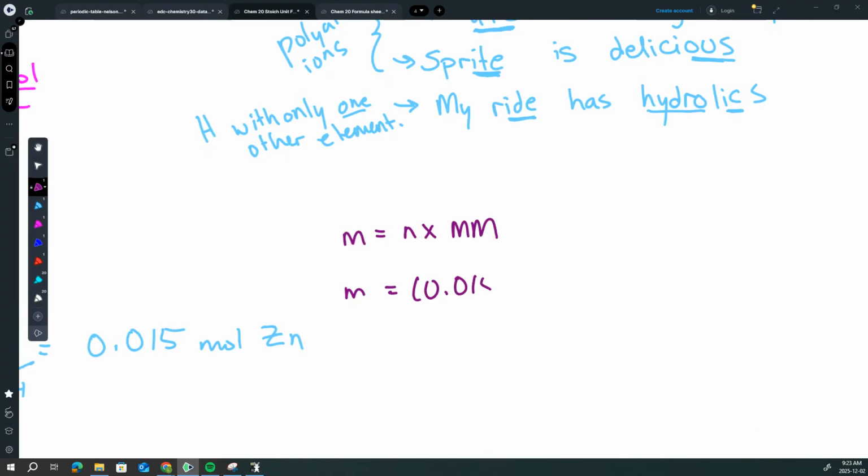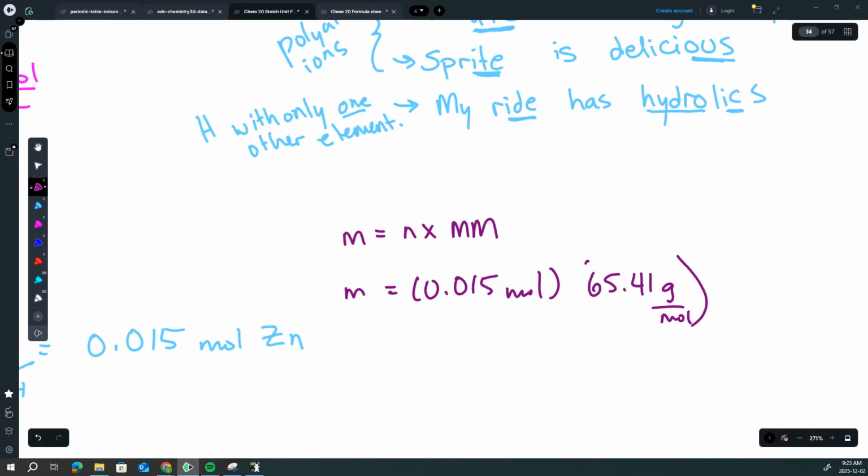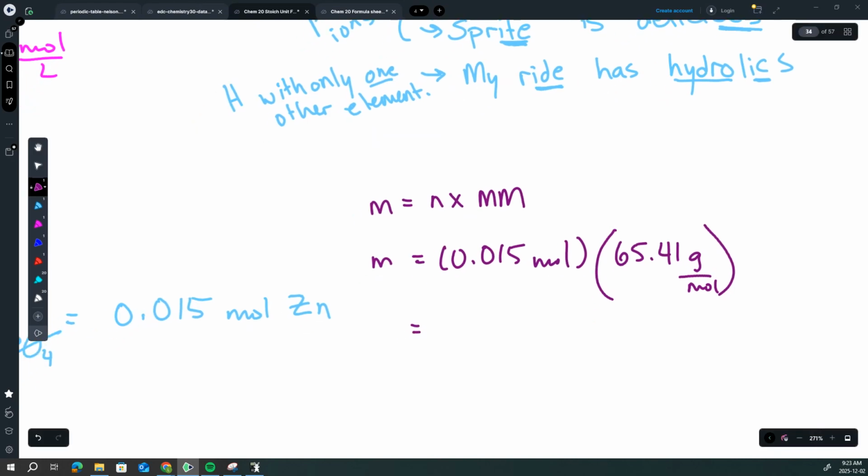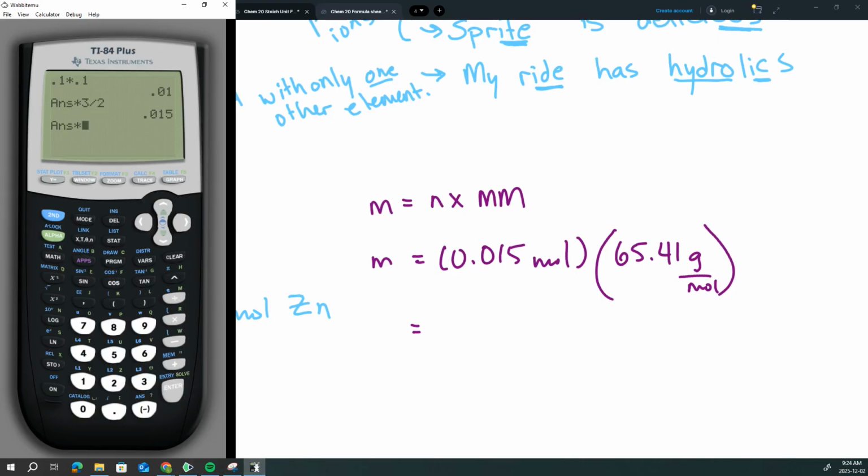So 0.015 moles of zinc, and then we're using our molar mass of zinc because these have to come from the same substance. So 0.015 times 65.41, and that's going to give us 0.98115.